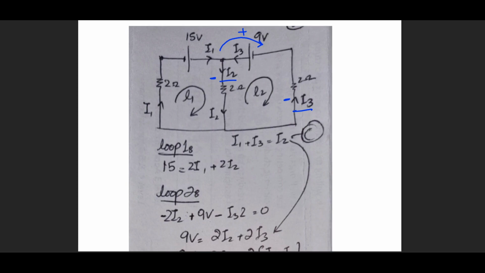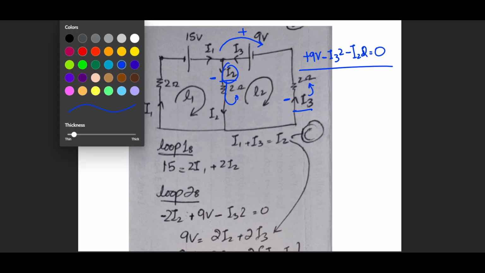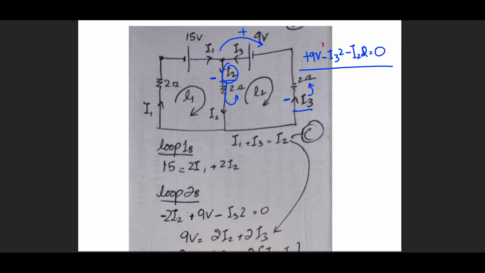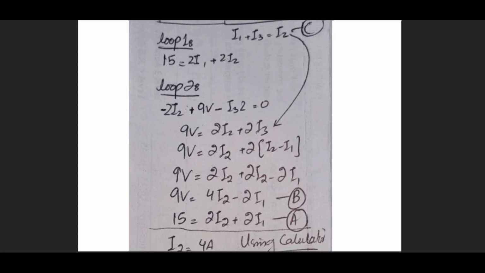So this would go something like this: plus 9 volts minus I3 into 2 minus I2 into 2 equals 0. This is Kirchhoff's law: the sum of all voltages across a loop is 0. Again, you take these two terms to the other side, and this is what you get.